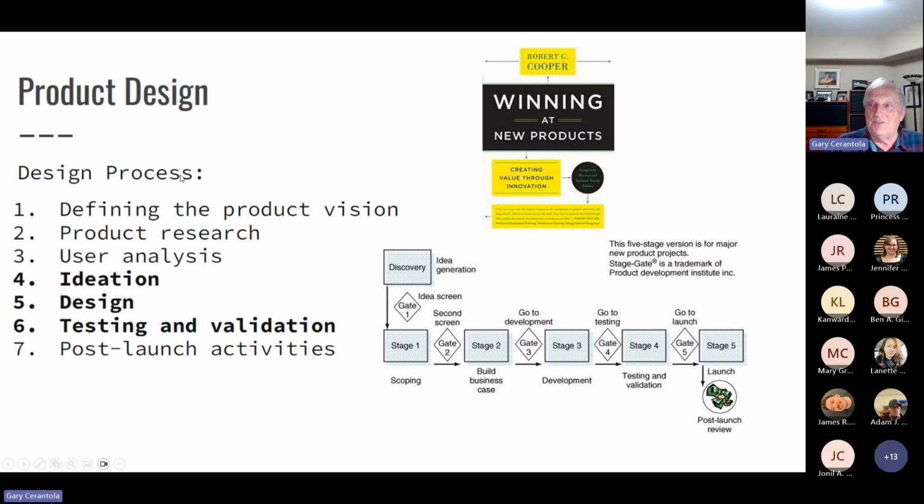Okay, this is just to let you know, when I was doing my master's, the author, Robert Cooper, came as a visiting lecturer and took us through this whole piece of how to launch a product.